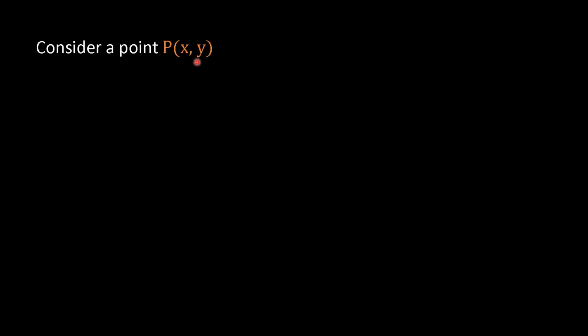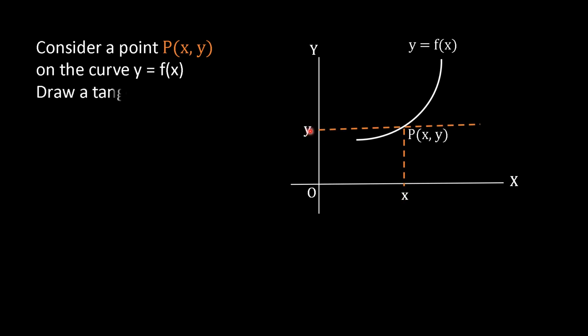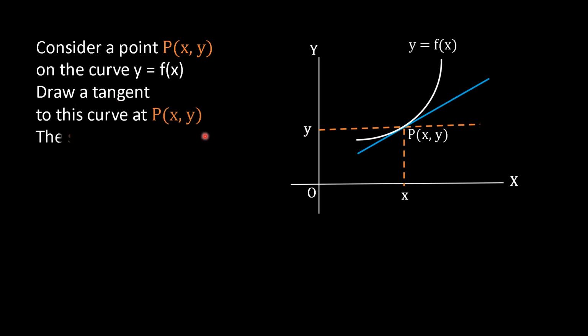Consider a point P(x,y) on the curve y equals f(x). X-axis, y-axis, origin, the curve f(x), and point P(x,y) on this curve, its x coordinate and its y coordinate. Draw a tangent to this curve at P(x,y).